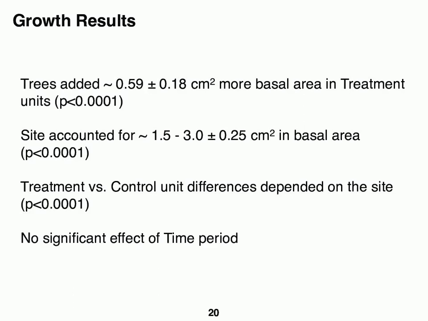And then there was an interaction between unit and site. So that indicates that some of the treatments may have not been as effective, or that there's not as strong an effect there. And this was interesting. I found no significant effect of time period. I think this might be an artifact of the controls not being perfect, and I'll show you what I mean.